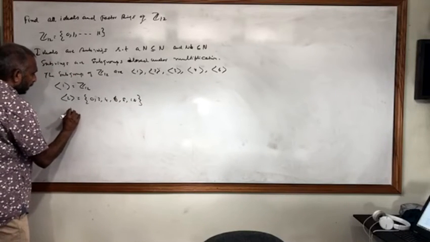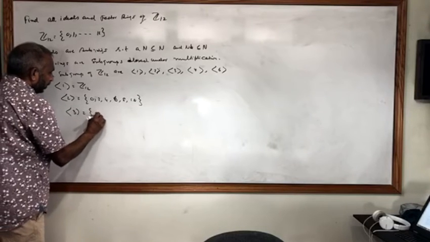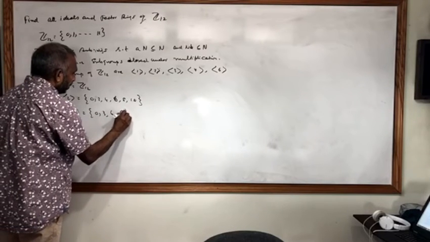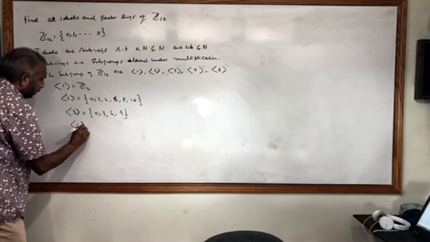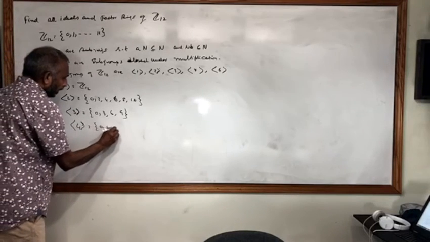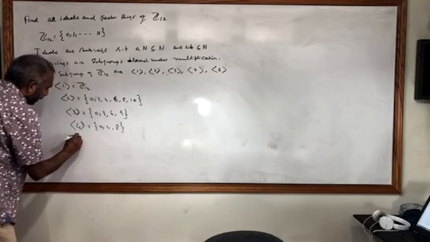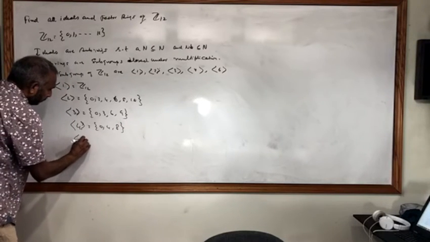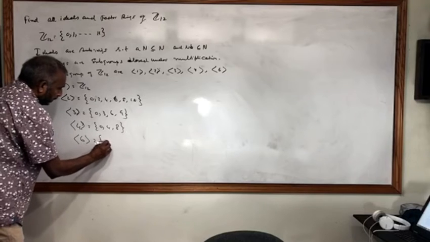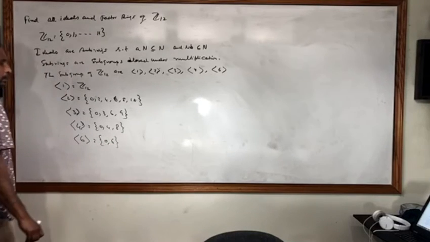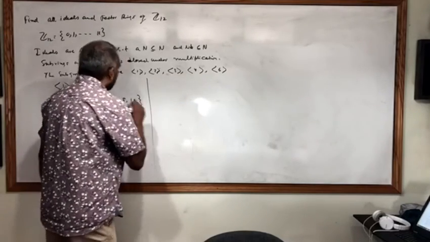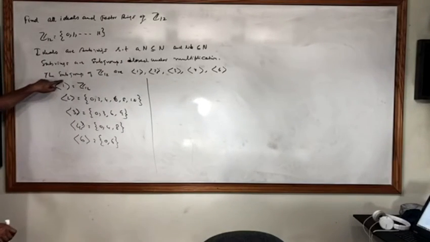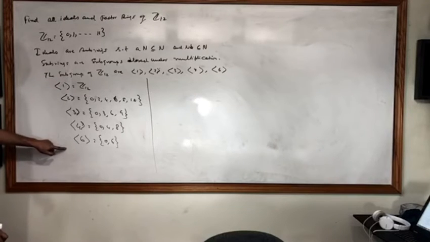The subgroup generated by 3 is 0, 3, 6, 9. The subgroup generated by 4 is equal to 0, 4, 8. And the subgroup generated by 6 is going to be 0, 6. These are the only subgroups. So you already have all the subgroups. We need to see whether each is a subring.